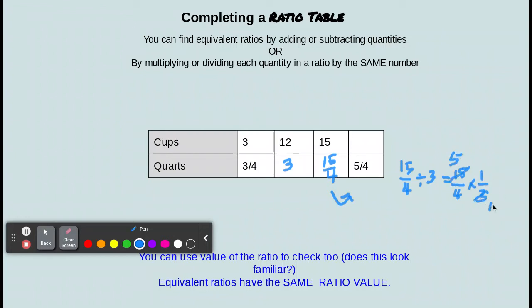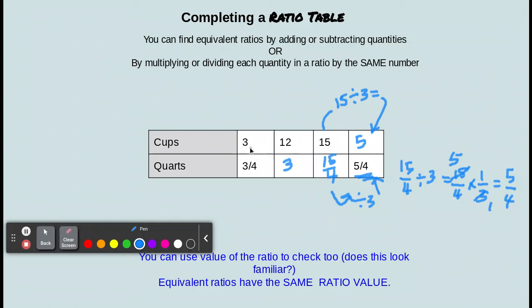These can simplify, so we end up with 5/4, which matches this. So it looks like if we take the number in the third column and we divide by 3, we should get the number in the fourth column. So 15 divided by 3 equals 5. Okay?